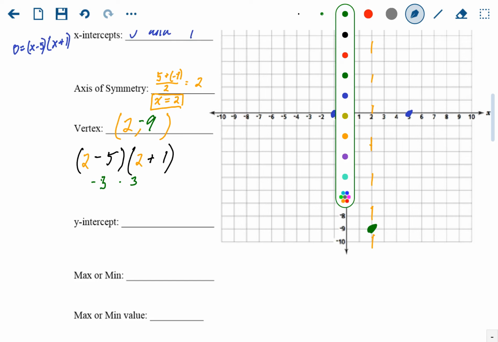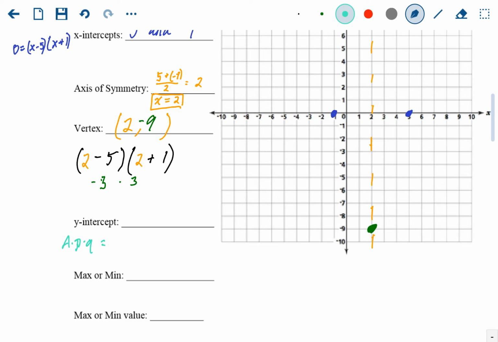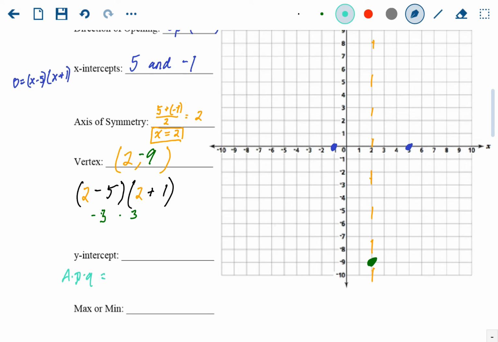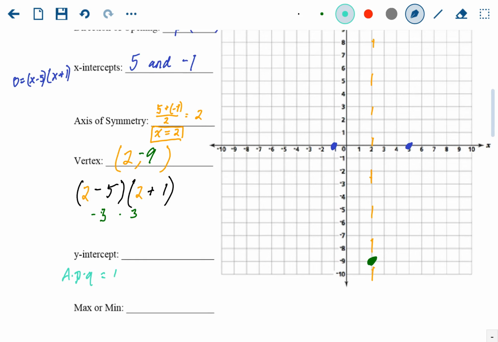Alright, y-intercept. The y-intercept is A times P times Q. The A value was 1, the P value was 5, the Q value was -1. So we get 1 times 5 times -1, which gives you a y-intercept of -5.